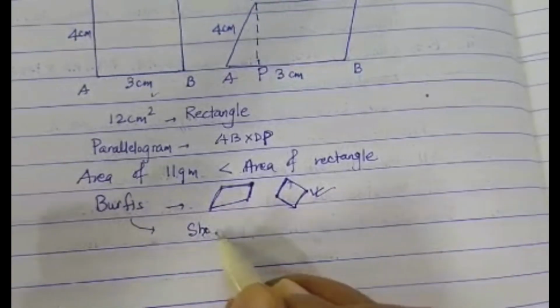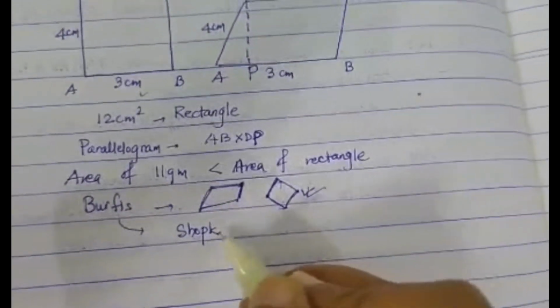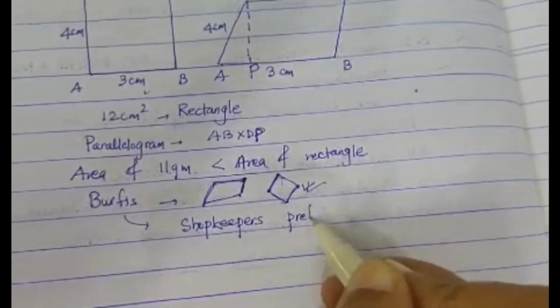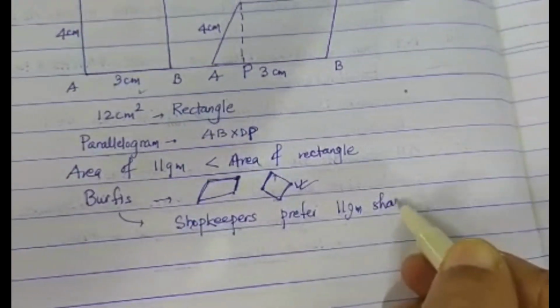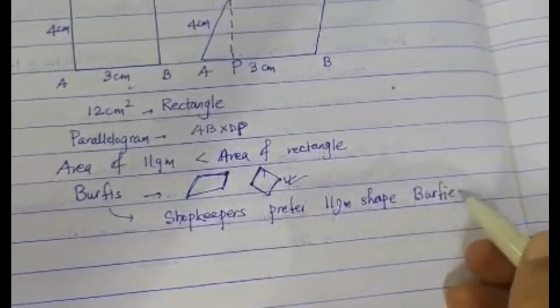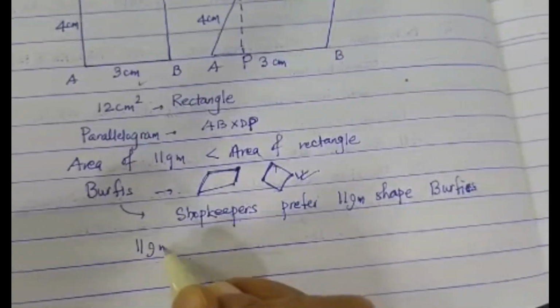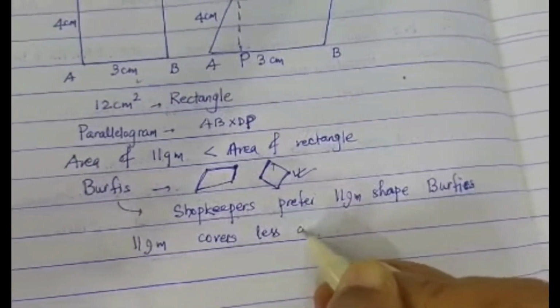Shopkeepers prefer to cut the pieces of burfi or kaju katli in parallelogram shape, because a parallelogram covers less area than a rectangle.